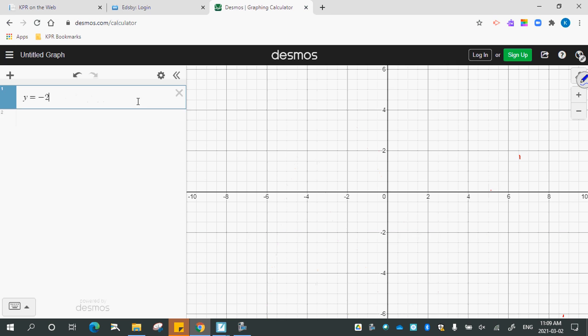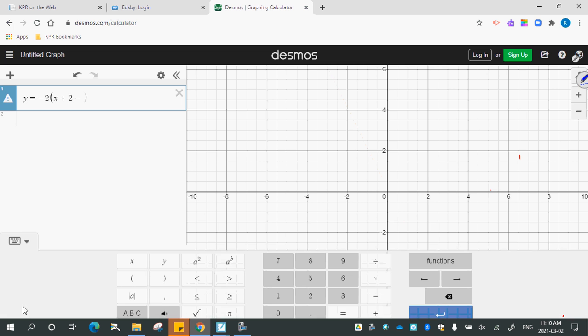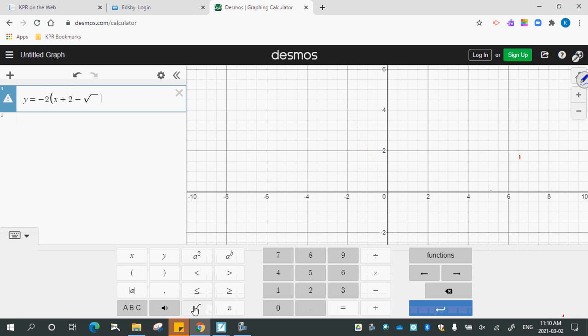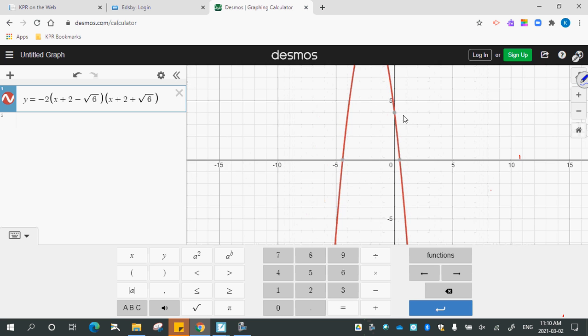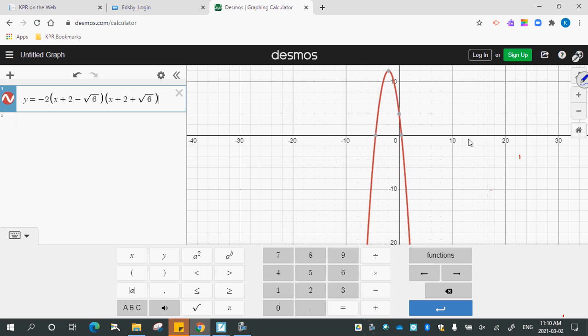So our first one in intercept form is y equals negative 2, x plus 2 minus square root of 6, and then x plus 2 plus square root of 6. So that's what our parabola looks like. I can shrink it down so you can see.